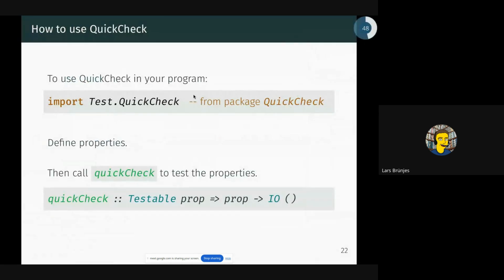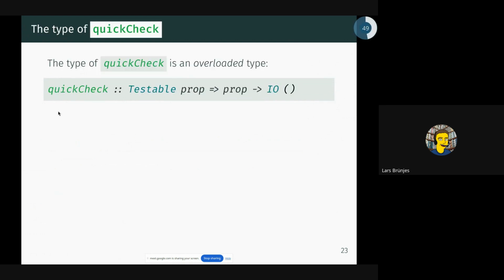Okay. Then you import it, you define properties like we did, and then you can call quickCheck. There are also ways to do that automatically. We did it by hand in the REPL now, but there are ways to actually define a test suite so that with cabal test, all the properties you defined are tested with QuickCheck. Right, and we already looked at the type of quickCheck.